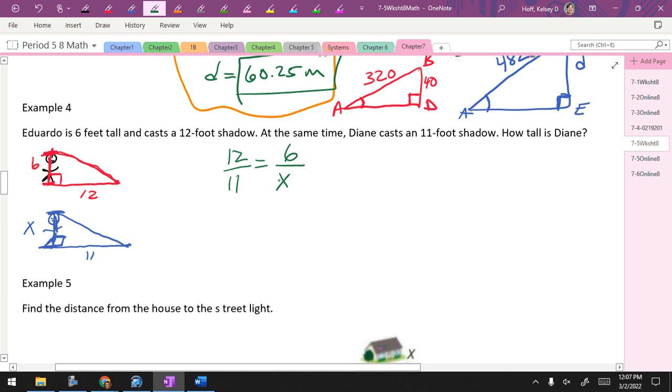Tori's not quite sure, but she thinks 12 and 6 are from the same triangle. 11 and x are from the same triangle. Yeah, nicely done. Cross multiply on your own, showing the work, and tell me how tall Diane actually is.